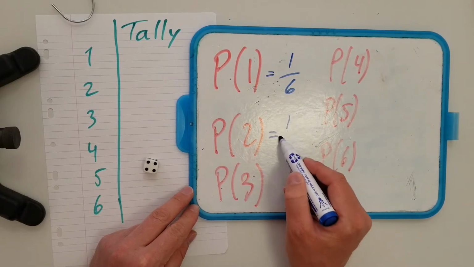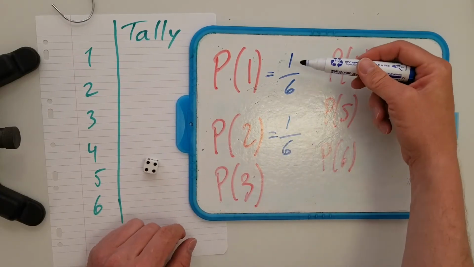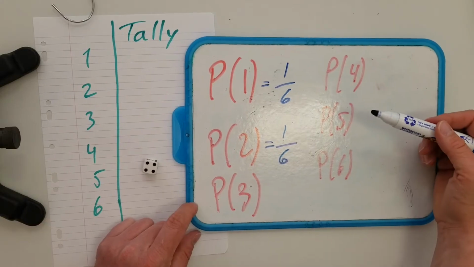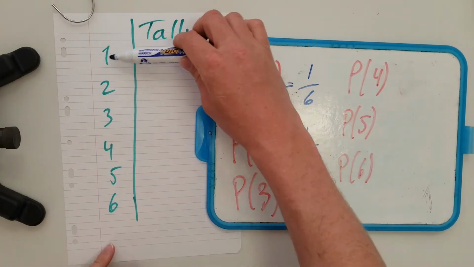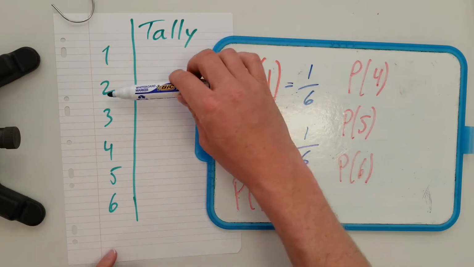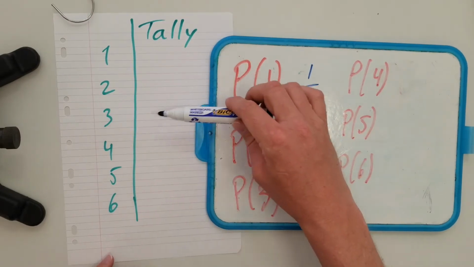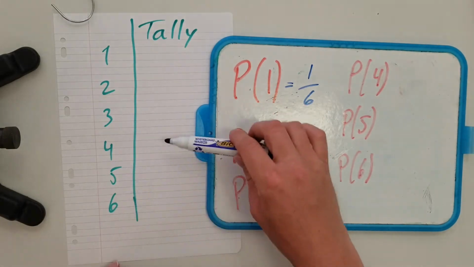The probability of me getting a 2 is going to be 1 out of 6. That's in theory. We would think that that's going to happen. And if I make this tally chart, if I roll it 6 times, I'm going to get a 1 once, a 2 once, a 3 once, a 4, a 5, and a 6, all one time.